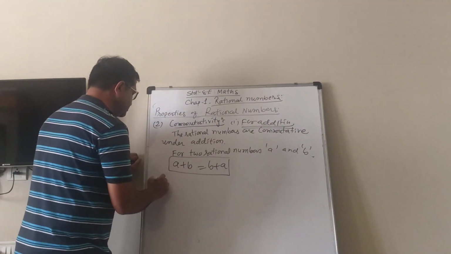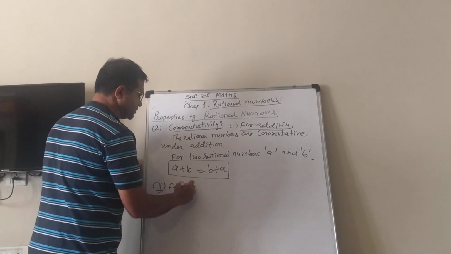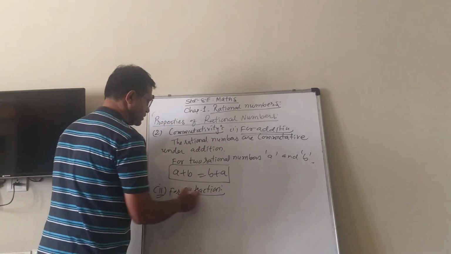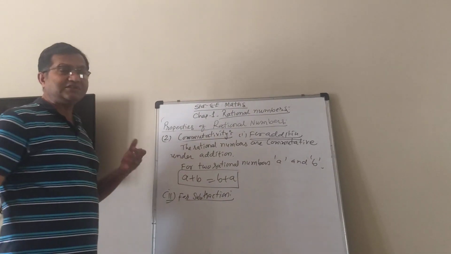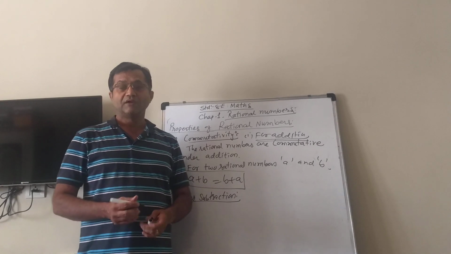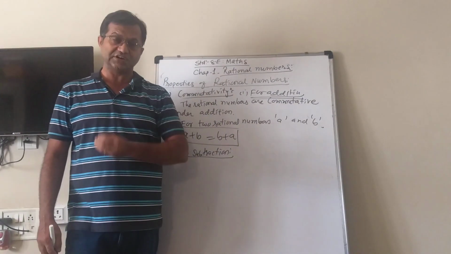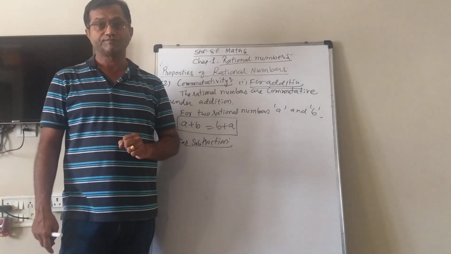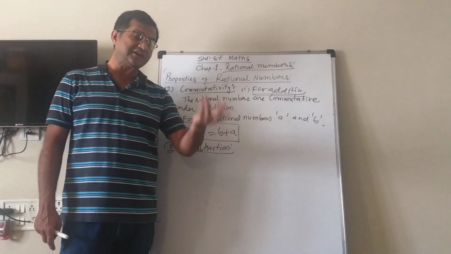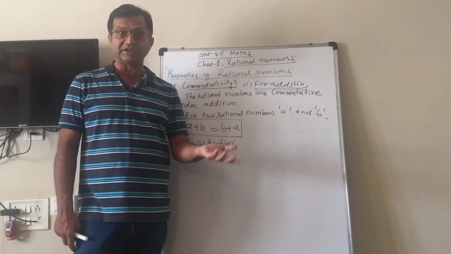Now we will learn the second operation, that is subtraction. Now in subtraction also it will be the same as with integers. When you subtract 5 minus 3, the answer is 2. But is it the same when you subtract 3 minus 5? No. We know that 3 minus 5 is minus 2.